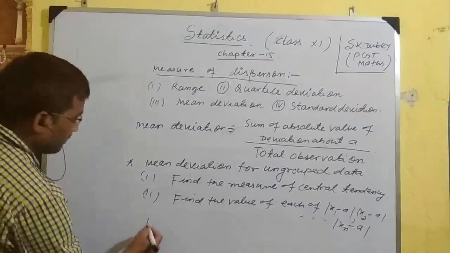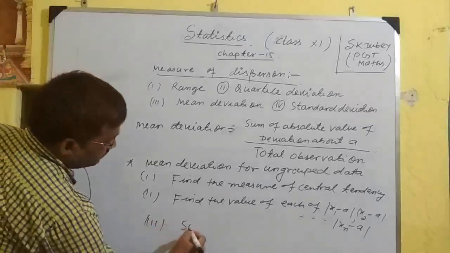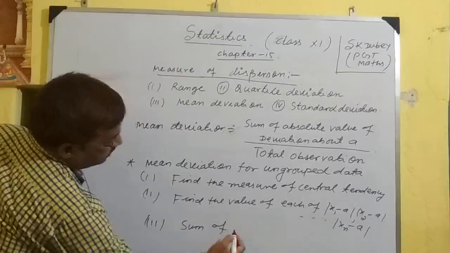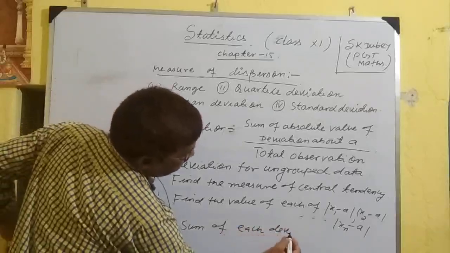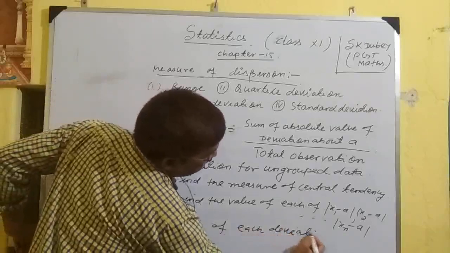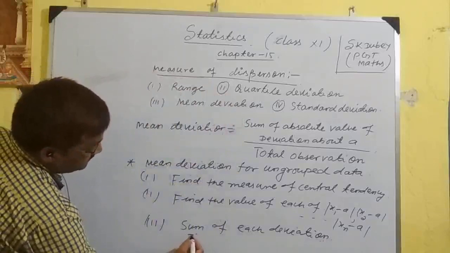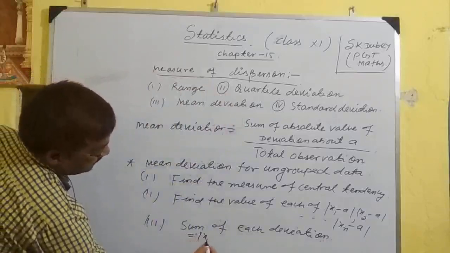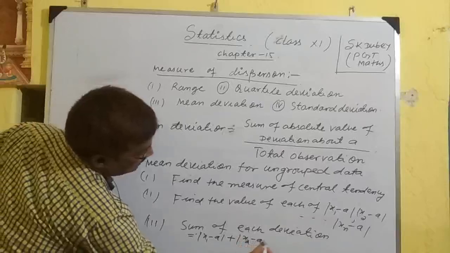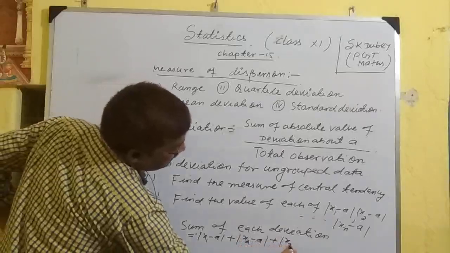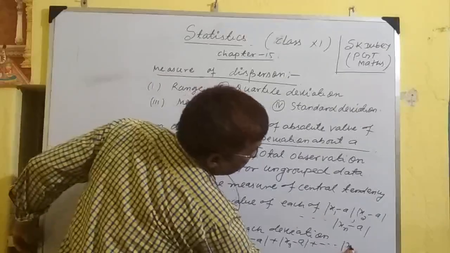Now in the third step, we will calculate the sum of each deviation, that is |x1 minus A| plus |x2 minus A| plus |x3 minus A| plus ... |xn minus A|.